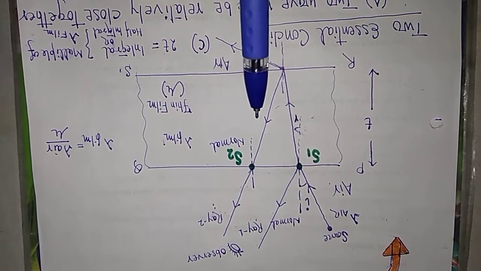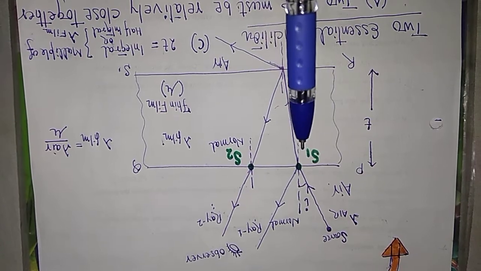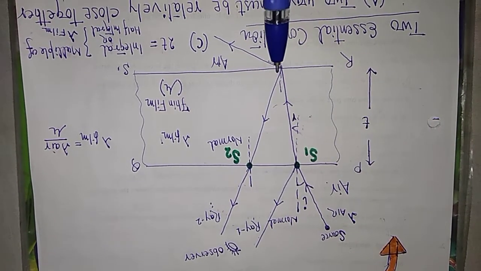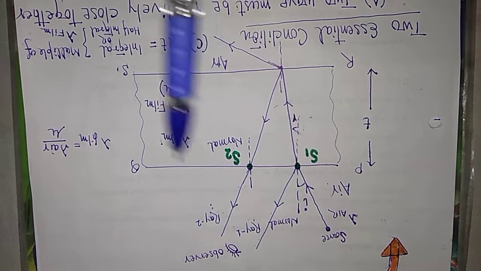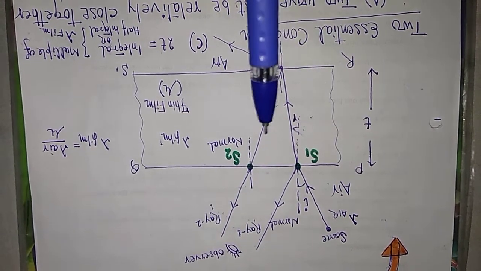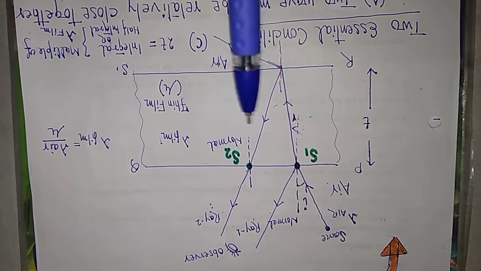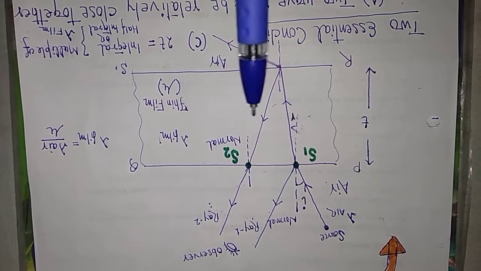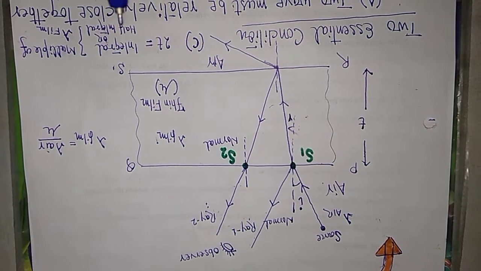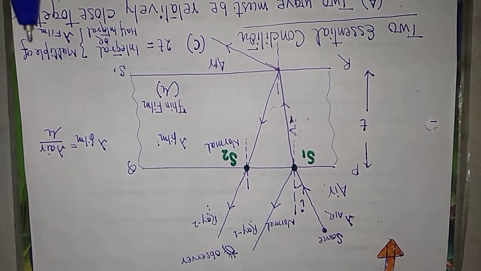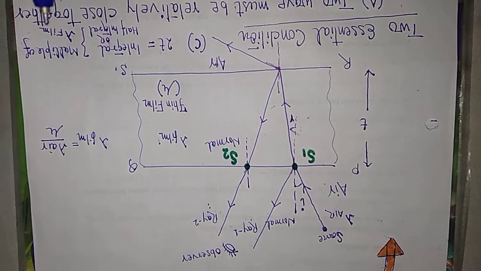So what is the extra distance? The extra distance is this distance plus this distance. Since the film is very thin, these two distances are approximately equal to twice t. So twice t must be an integral or half integral multiple of lambda in the film.